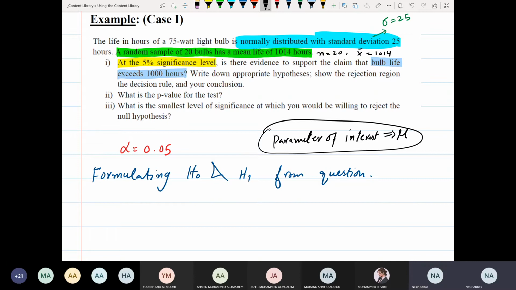Now you read the statement. What do you want to test? I highlighted the statement with this dim blue color. Let me use, let us say, red color for this one. This is the statement I want to test.